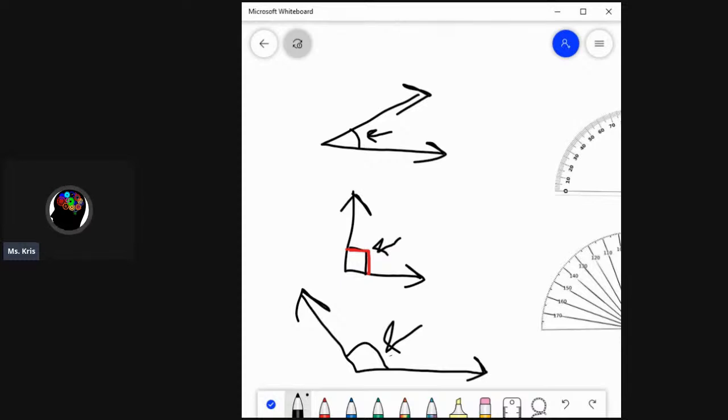An obtuse angle is an outstretched V, and it also has an arc like the one we drew in the middle of it. It's always greater than 90, but less than 180.